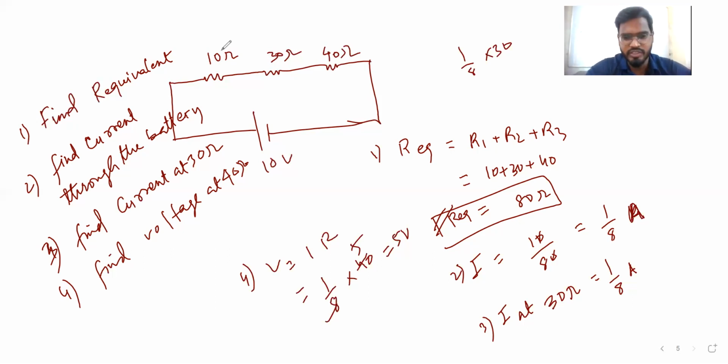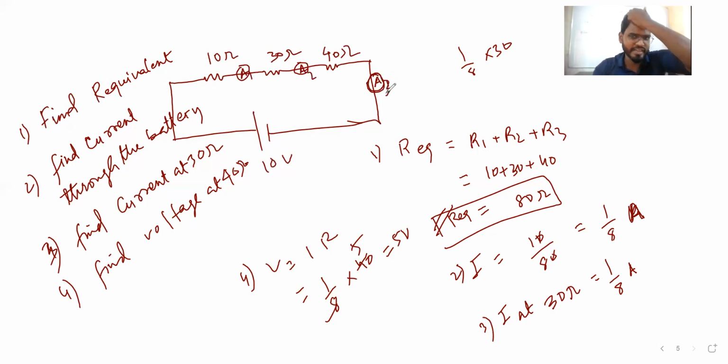So one question we had done for series. Almost all questions, or else they will put an ammeter here. If they make a conceptual question, they'll put one ammeter and ask to find the current through the ammeter, same 1 by 8. Now they'll put one ammeter here, one ammeter here, A1, A2, A3.